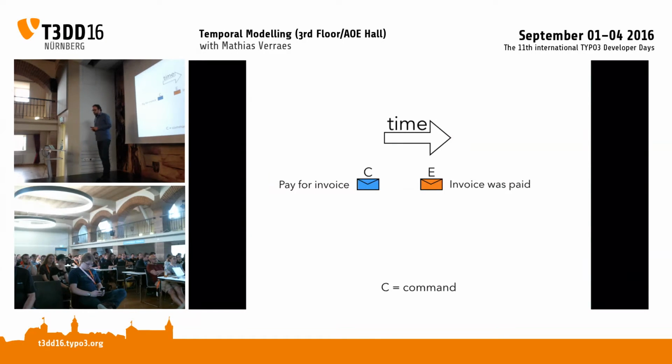If you think about this in terms of HTTP, this would be a POST or a PUT or a DELETE. So this could be a command, somebody telling the system, pay for this invoice. Again, it's a very simple model. In reality, it would probably be some amount that is deposited on a bank account somewhere.